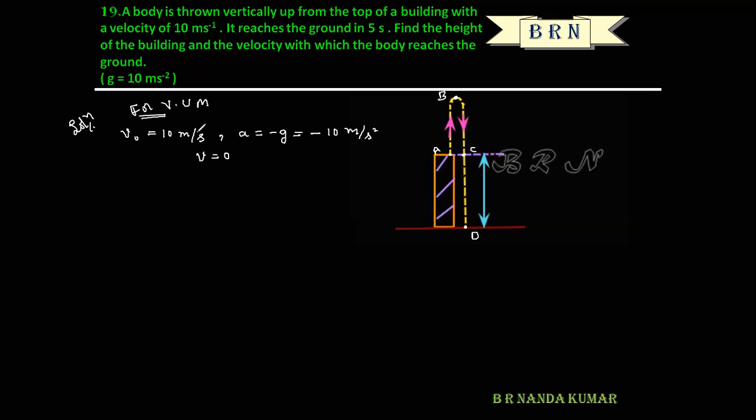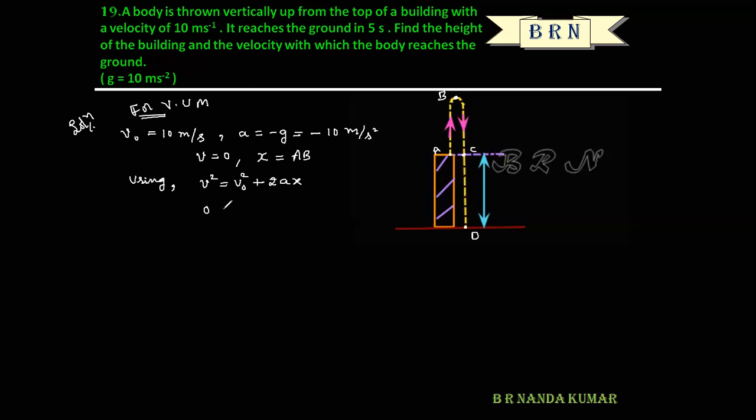So first here, let us consider the third kinematic equation. So for vertically upward motion, V naught is 10 meter per second, that is given. So this is the initial velocity of the body. The body is moving vertically upwards, that is why a is equal to minus g. So at the point B, the final velocity is 0, and the displacement x is equal to AB, right? So by using the third kinematic equation, V square is equal to V naught square plus 2ax.